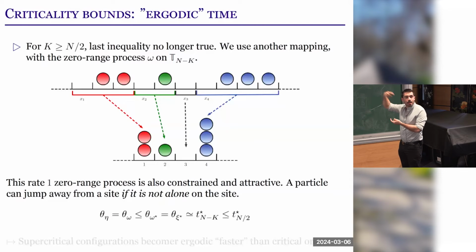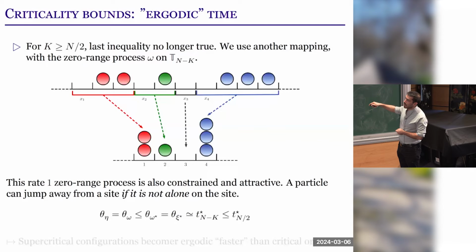You can map it back to the SSEP with traps, but this time with a critical configuration that has n minus k sites rather than k. And now k was larger than n over 2. So n minus k is smaller than n over 2. And you're left exactly with the bound you wanted.